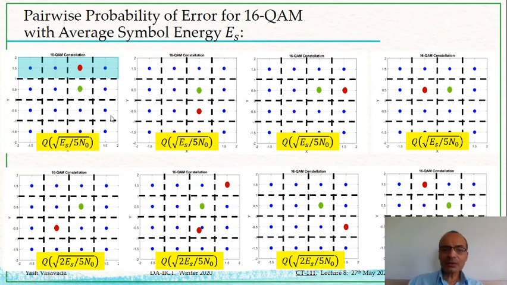And so therefore our answer for the pairwise error probability, the analytical expression, remains the same. And we have actually evaluated these 4 shaded stripes.